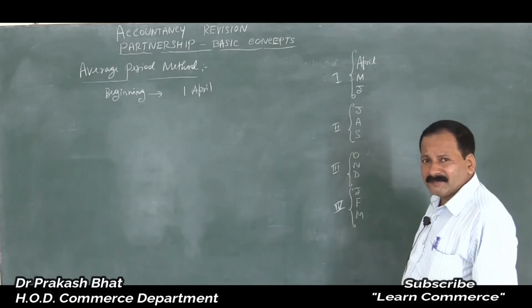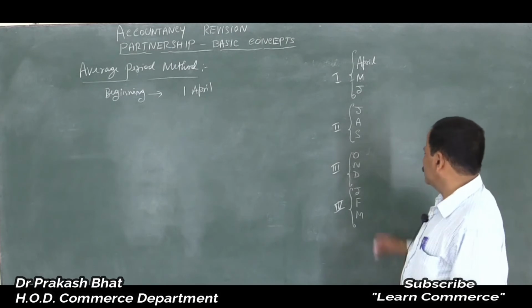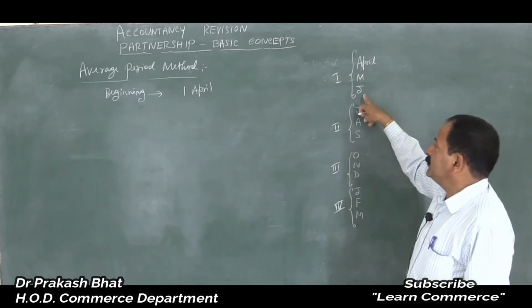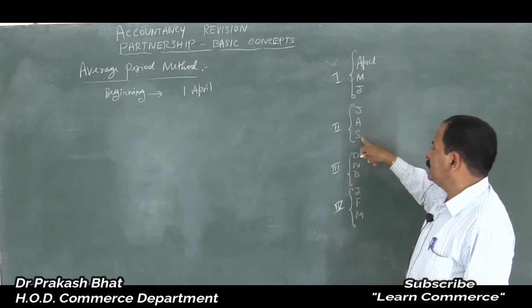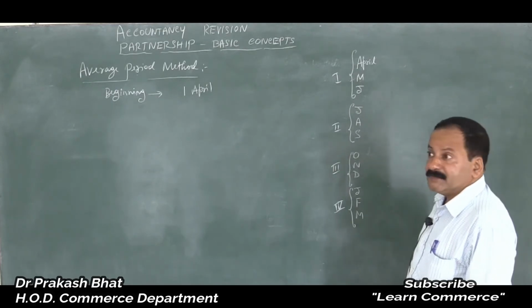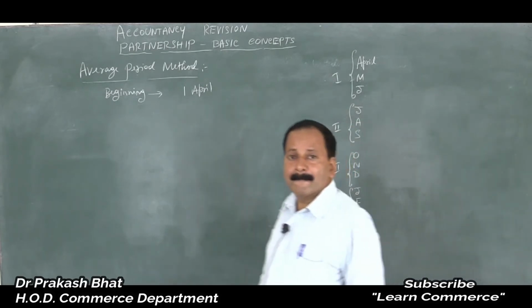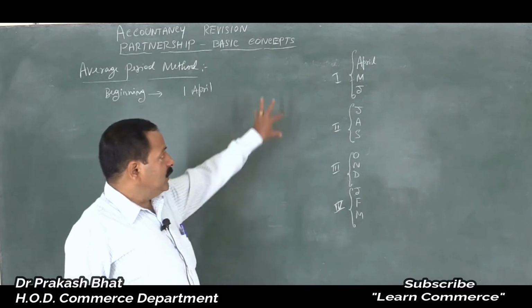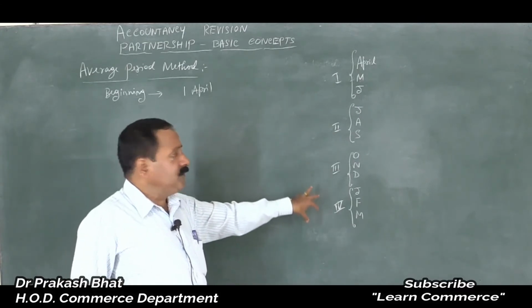No problem. Then at the end of each quarter means 30th June, 30th September, 31st December and 31st March. Very simple. So there are 2 cases, at the beginning of each quarter and at the end of each quarter.